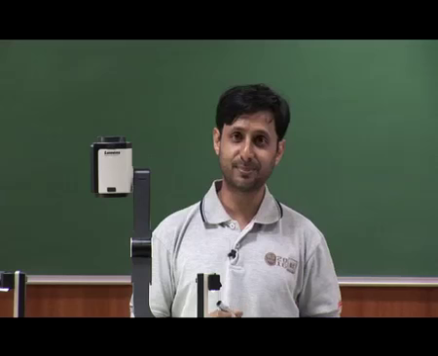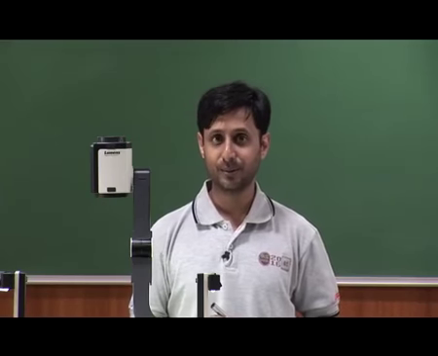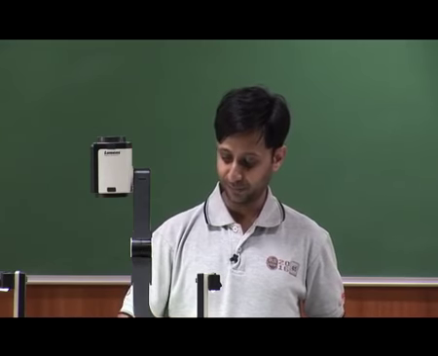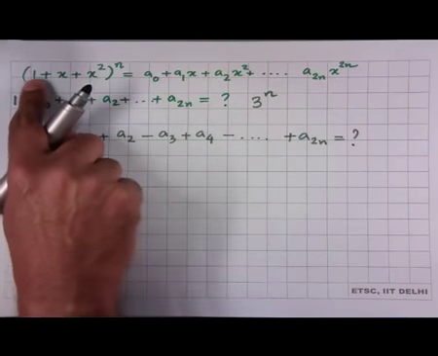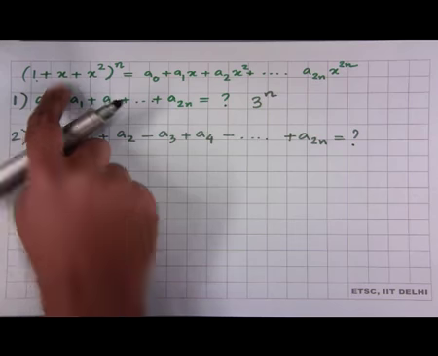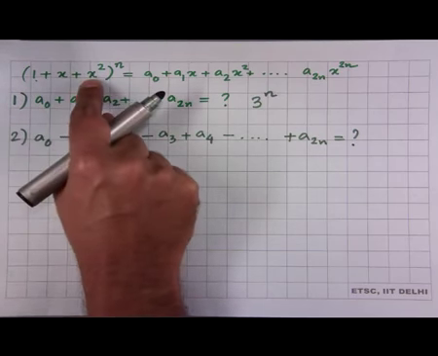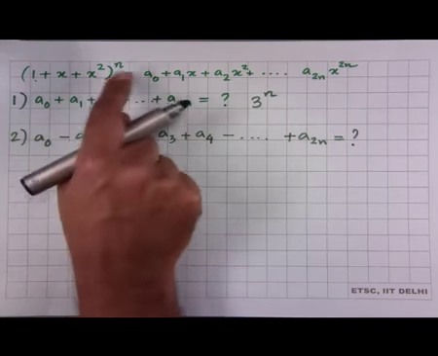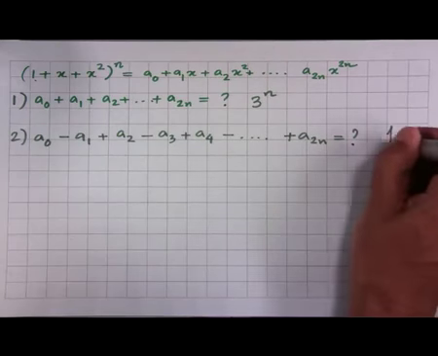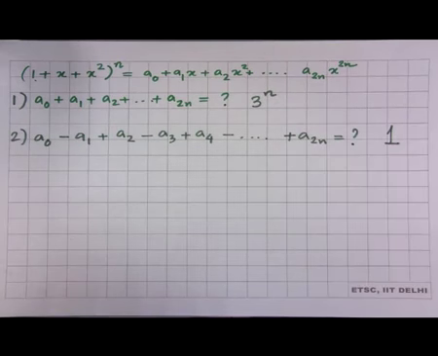Okay, so just plug in x equal to minus 1, and if you plug in x equal to minus 1, 1 minus 1 is 0 plus minus 1 squared is 1. So the net result is 1 whole power n. So your answer is 1. Okay, very interesting.